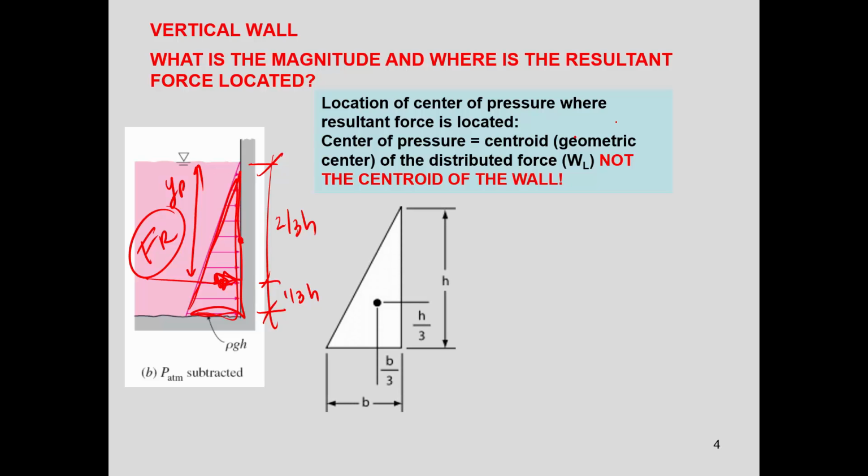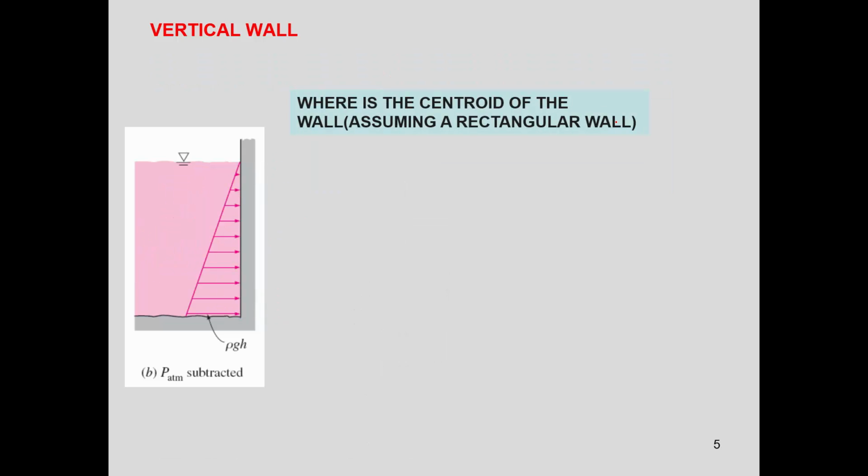Okay, so this is for a triangular distribution. What is the magnitude, and where is the centroid of the wall, is a different story, right? And the location of the center of pressure is different.